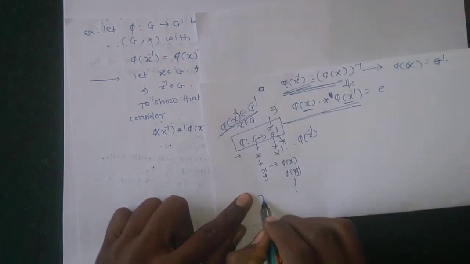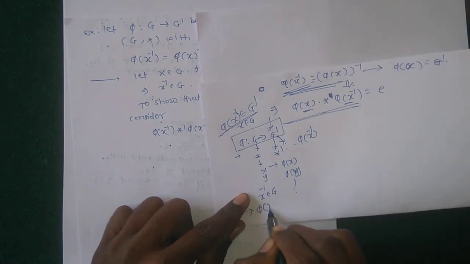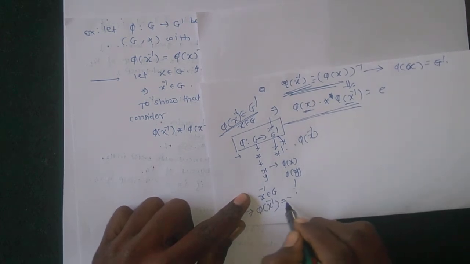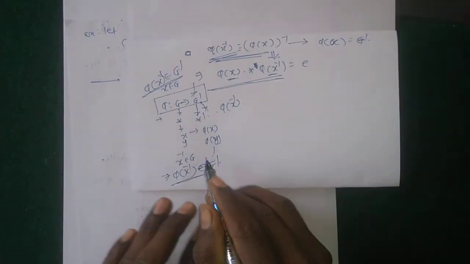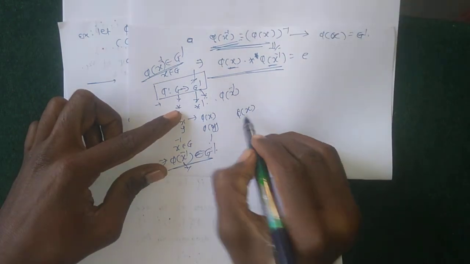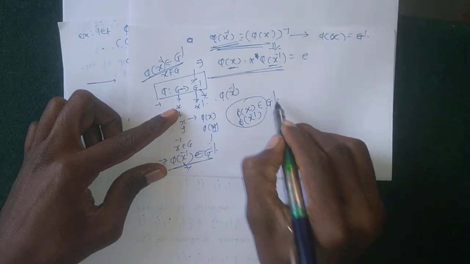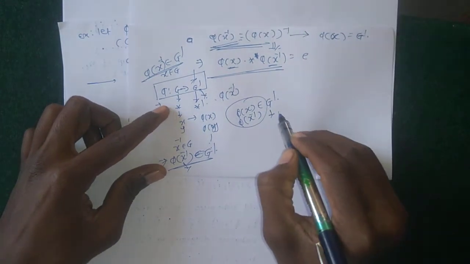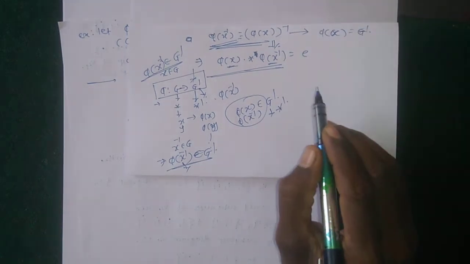Okay. If x inverse belongs to G, then when phi is applied, the function value belongs to the codomain. Okay, meaning phi of x inverse belongs to G dash. The elements phi of x and phi of x inverse are elements of G dash, and here the binary operation applied is star dash.